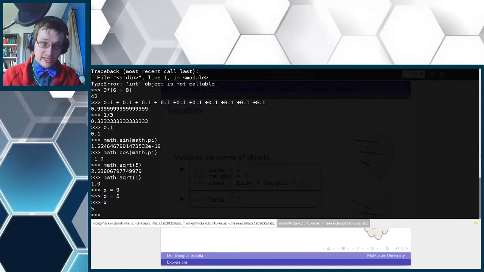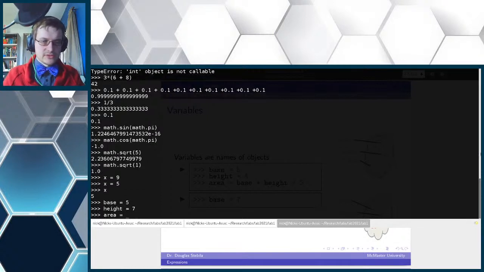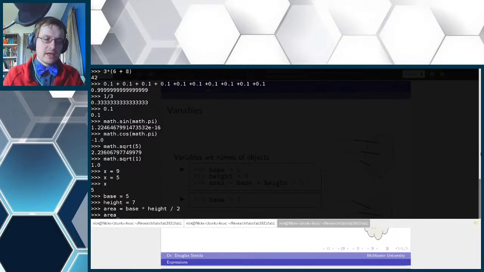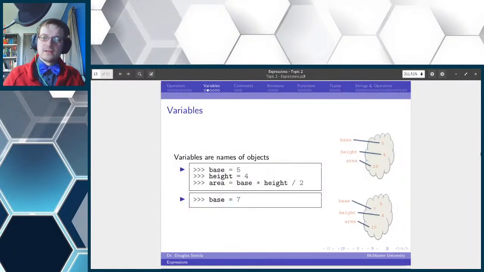So, for example, if we were calculating the area of a triangle, we would say base is equal to something, height is equal to something else, and then area is equal to base times height divided by 2. What is the area? It is 17.5. Right?